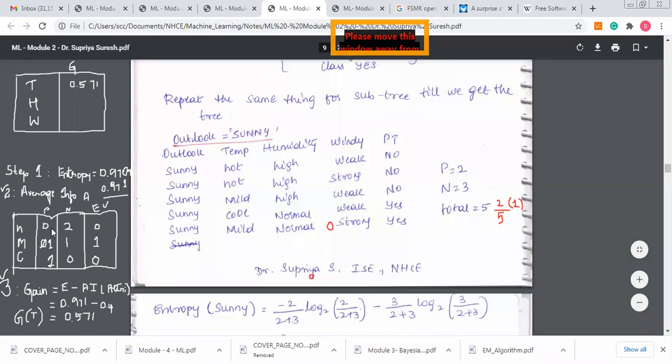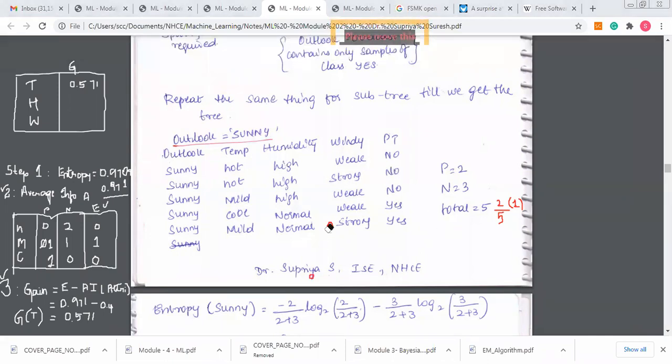Calculate the entropy of it, and then finally do the gain calculation and let me know. So this table will get completed, and we'll get to know our next root, the next decision node.